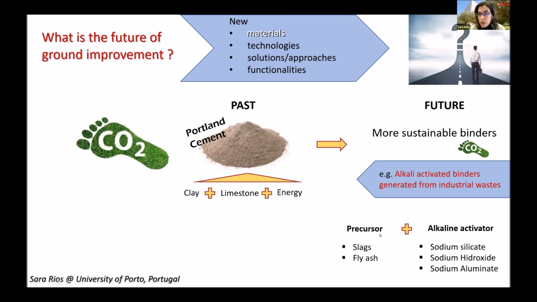So we can make alkali activated binders with a lot of materials, but of course they will not have the same properties with all the materials. So depending on the material that we use, we will need to adjust the alkaline activator concentration, the amount of fly ash or the amount of slag, and we need to optimize the binder for that specific purpose.